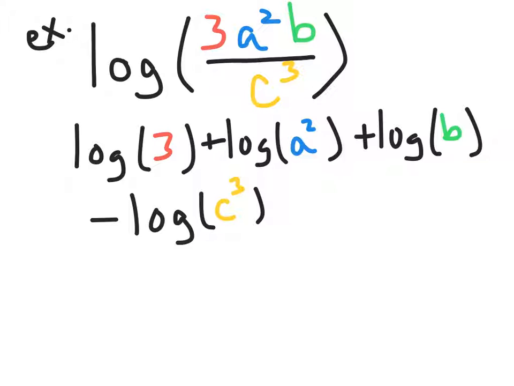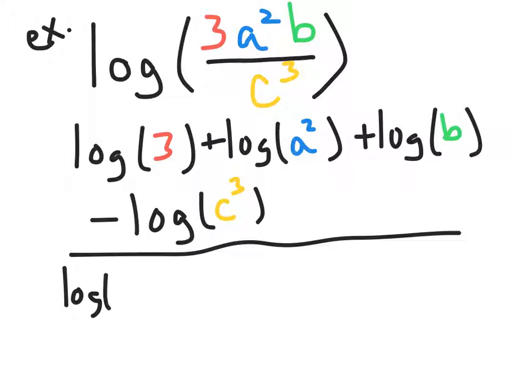I am not finished yet. There is one more step. The log of 3 can just be written down, and nothing can happen to that. But what happens here with the log of a squared is that the 2 can come out front. And so I'm going to have 2 log of a as my middle term.